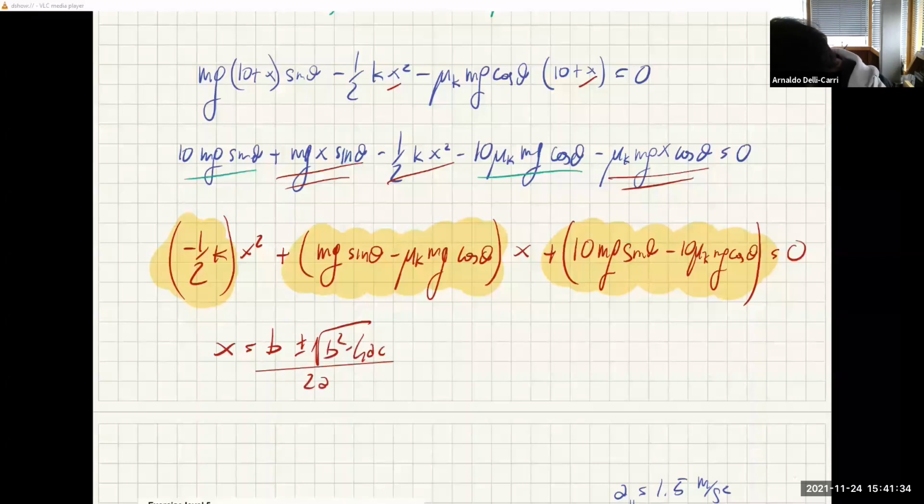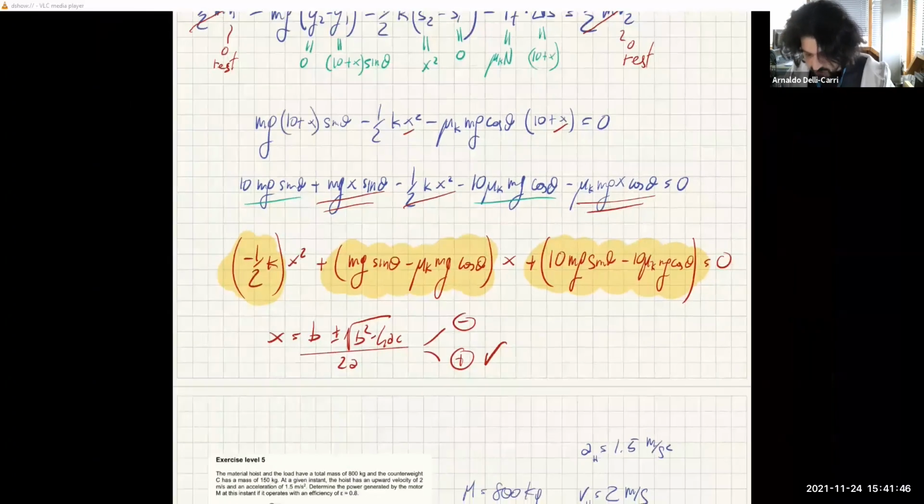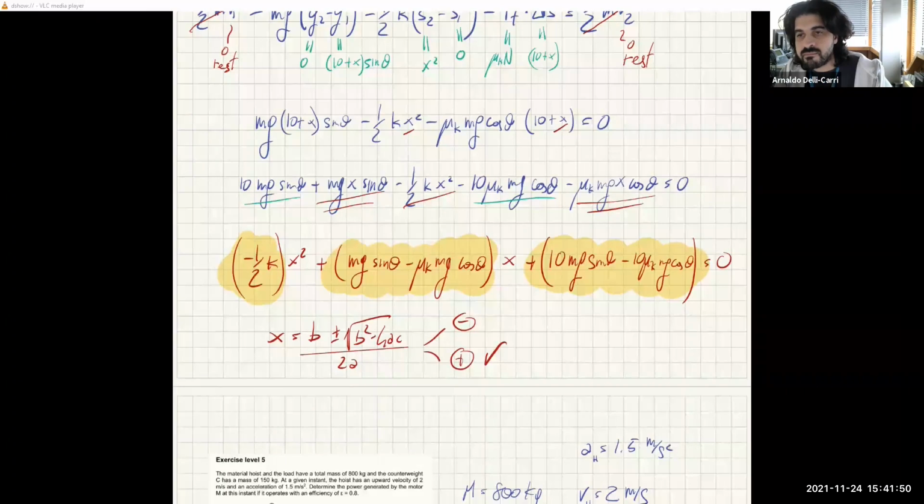So you have two values for x. One will be a negative value, one will be a positive value. You, of course, want the positive value. That's it. So it's not very complicated. Does it make sense? So let me call this one A, this one is B, and this one is C.